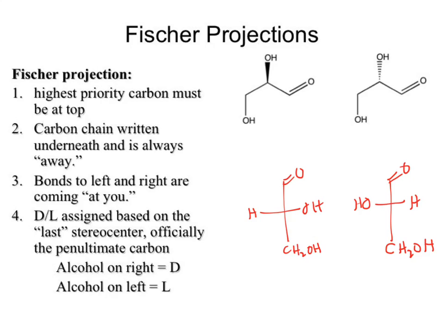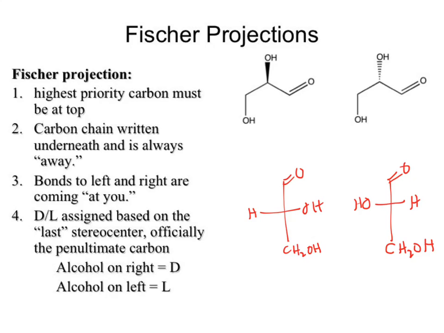Capital D means the OH on my last chiral carbon is on the right-hand side of my structure. Capital L means my last chiral atom has my highest priority group on the left-hand side of the structure. Talk about arbitrary systems, okay? But that's what's happening within it.